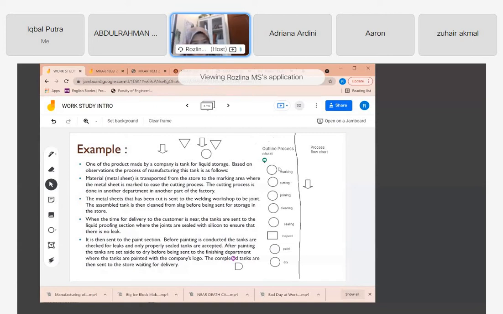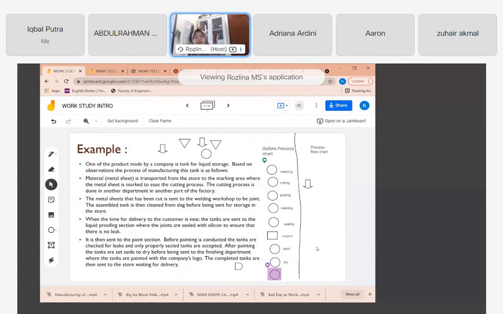One more, painting logo. The last one is painting logo. And there is no inspection at the last one. Put one more here, painting logo, the last one. Then your outline is complete.